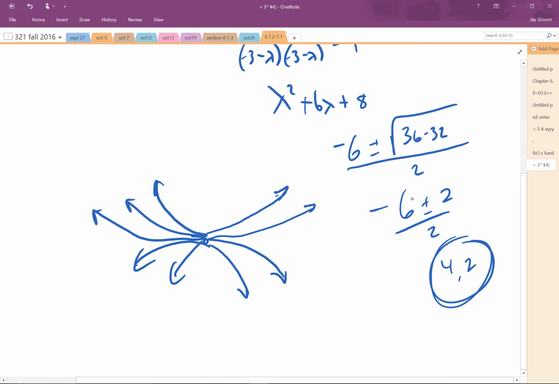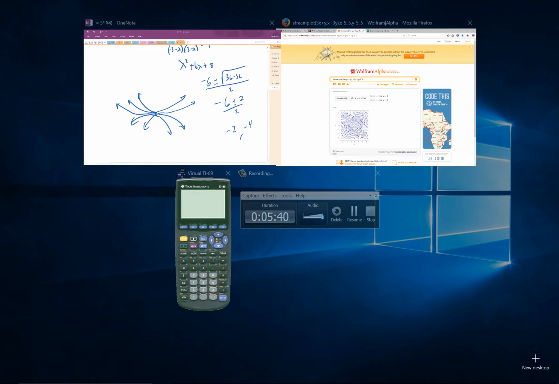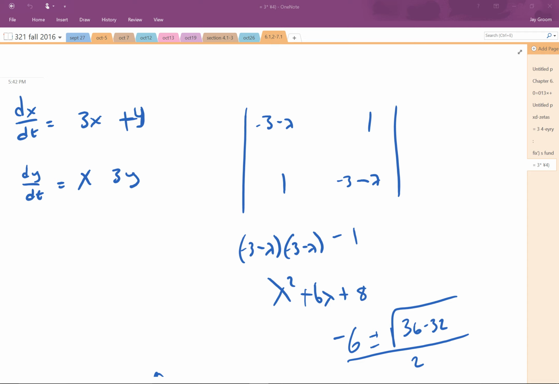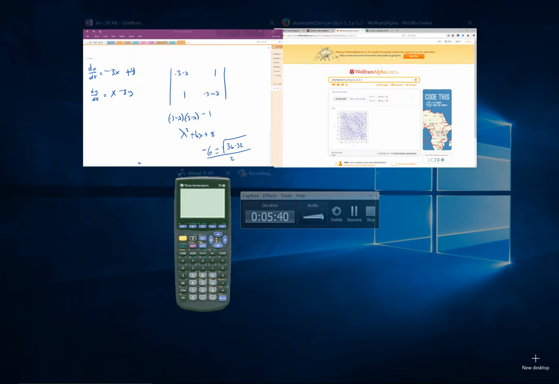So negative 6 plus 2 is negative 4, so that's going to be negative 2. Negative 6 minus 2 would be negative 8, and negative 4. Not same things, right? So make those both negative.